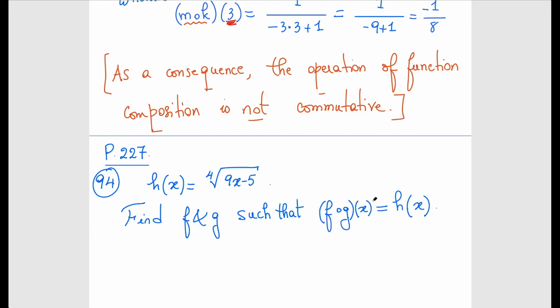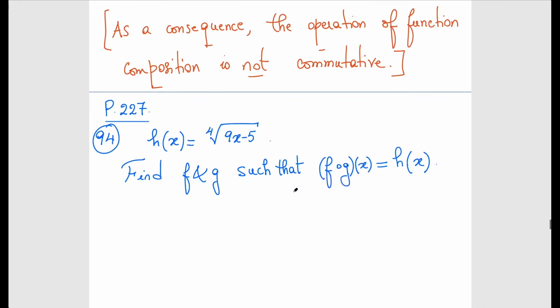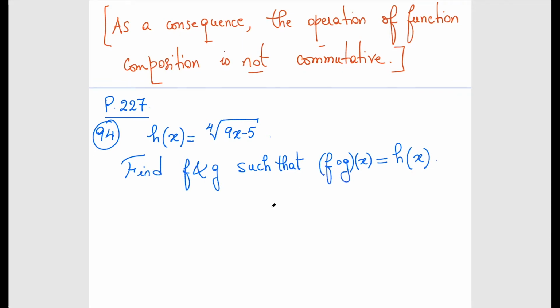Okay, this is when two functions equal each other. They equal each other provided for the same input you get the same output, right? Okay. So there is no one way to do it. There are many functions that do this job. Let's choose the most obvious ones, or the most intuitive, f and g.